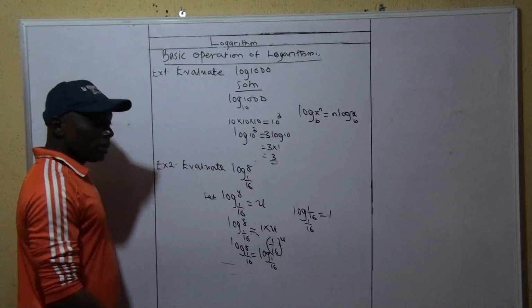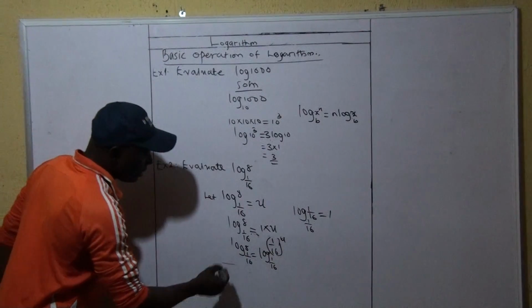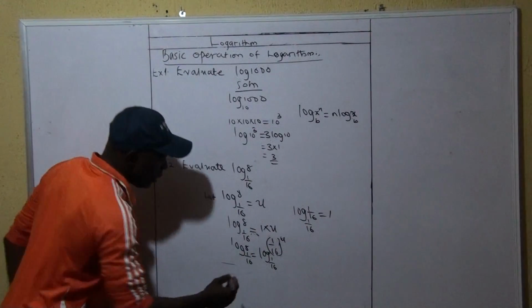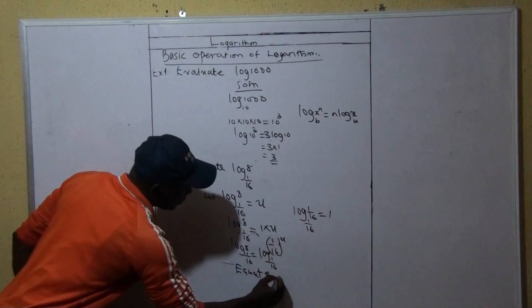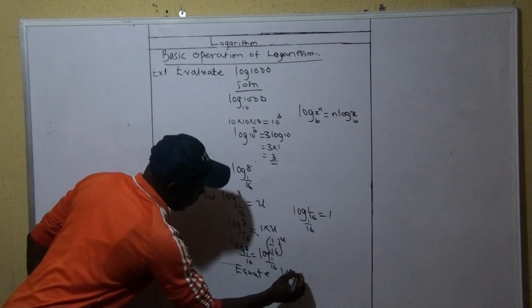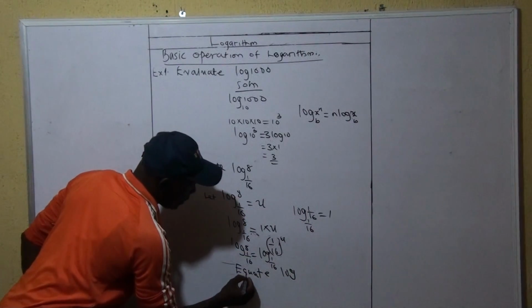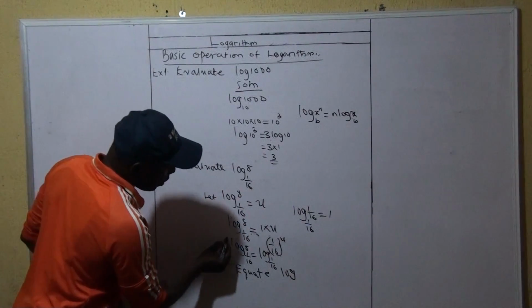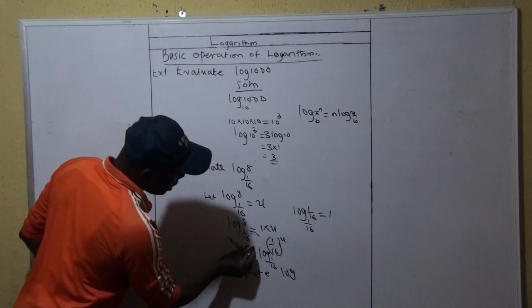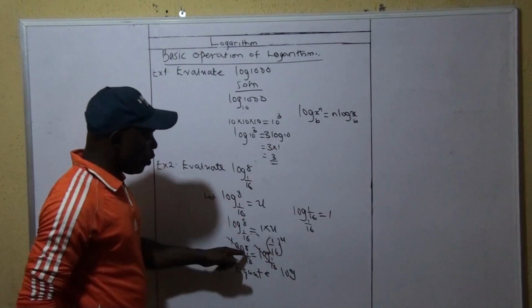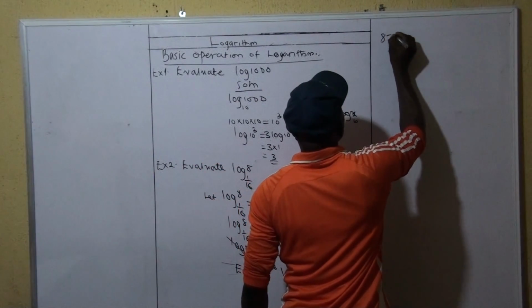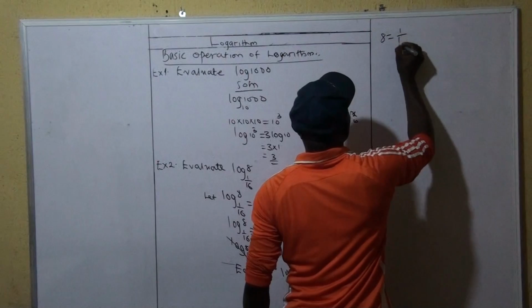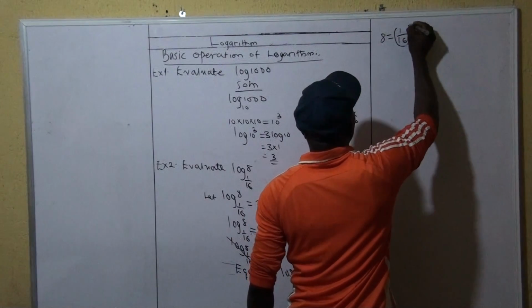Now what we need to do is equate the logs. By equating the logs, this one will go with this, and we will be left with 8 is equal to 1 over 16 all raised to power u.